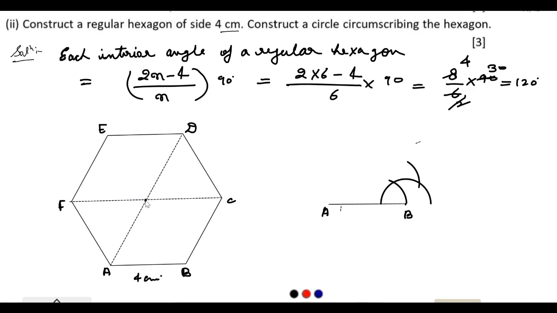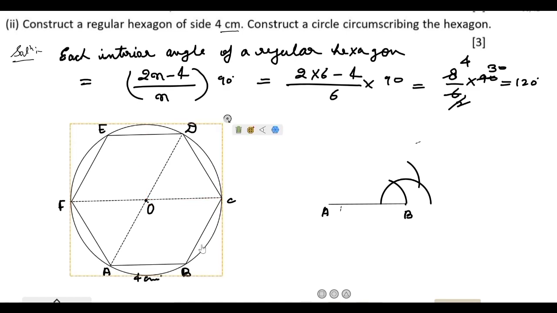This is the point of intersection of the diagonals, O, and this is the circumcenter. Now draw a circle of radius OA or OF, any vertex. This is the circumcircle of the regular hexagon, and then write its steps.